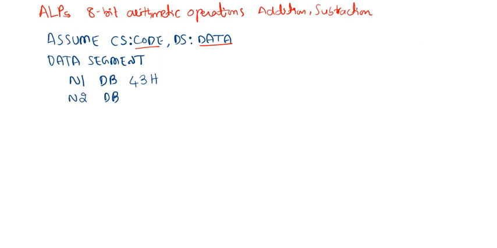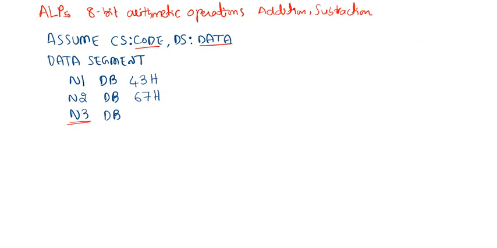Let us consider number 2, which is also a defined byte. The number I am considering is 67h. One more variable, n3, is for the result of n1 plus n2, which is also a byte. We don't know the value; we need to do this addition and load that value at n3.